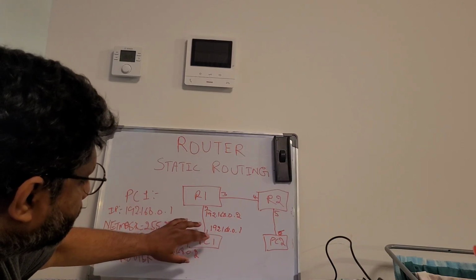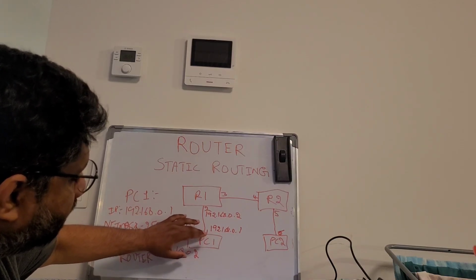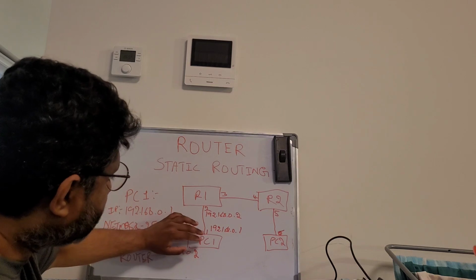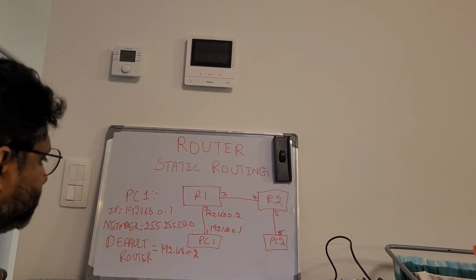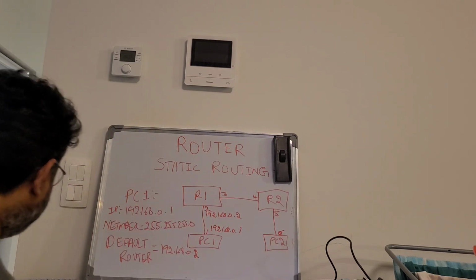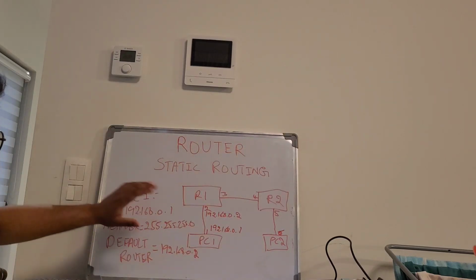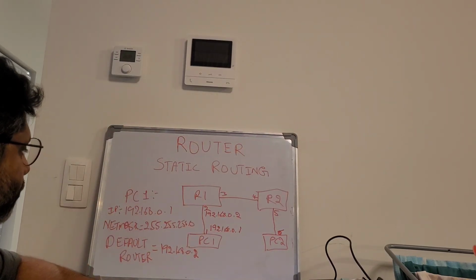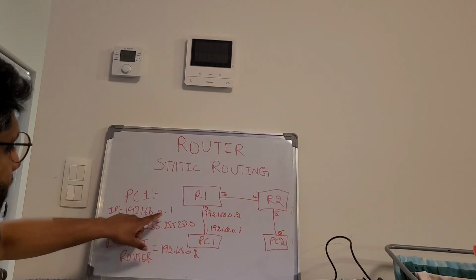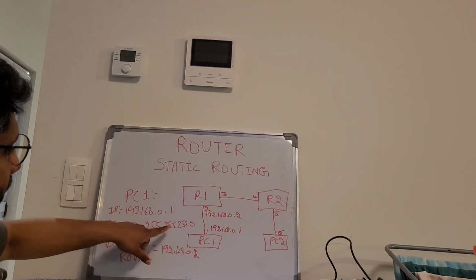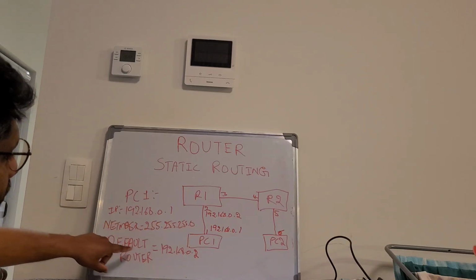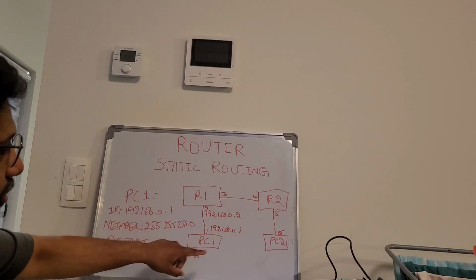So all packets have to go through the first interface. This is how we define the network on PC1: IP address 192.168.0.1, netmask 255.255.255.0, default router 192.168.0.2.